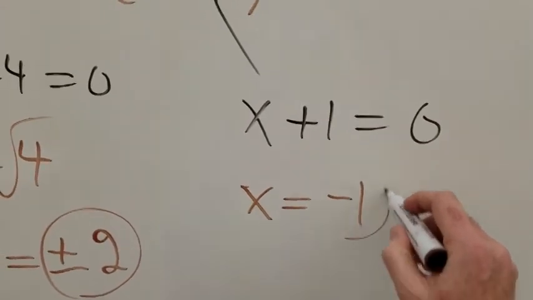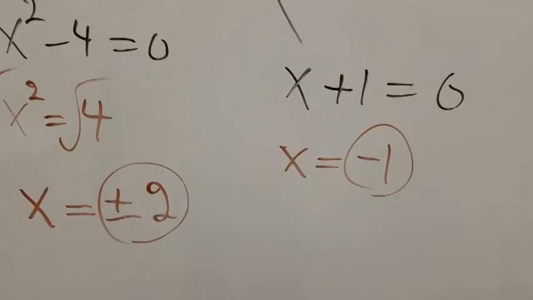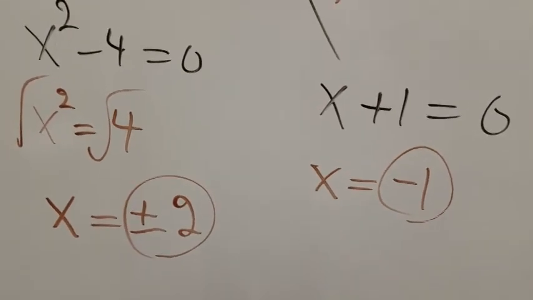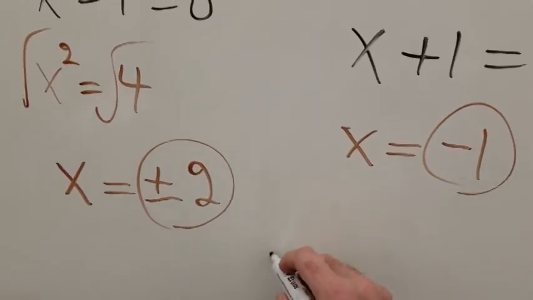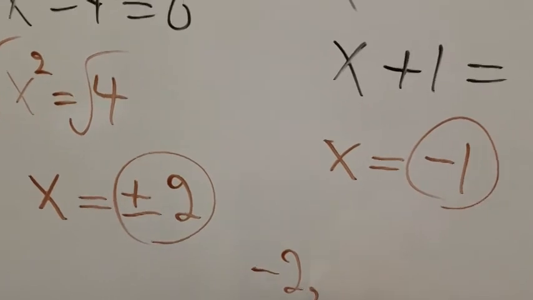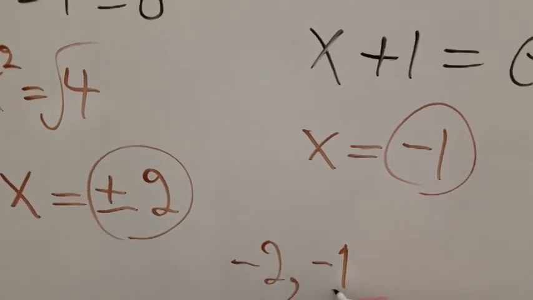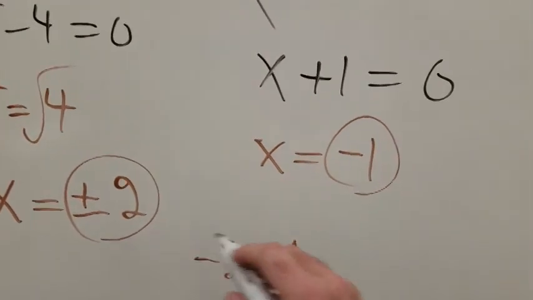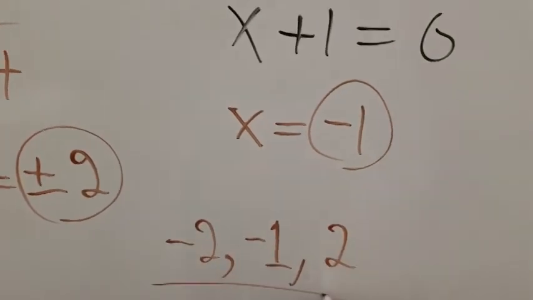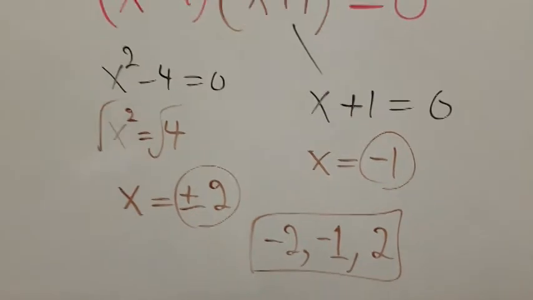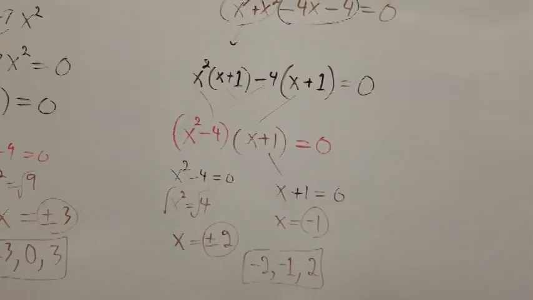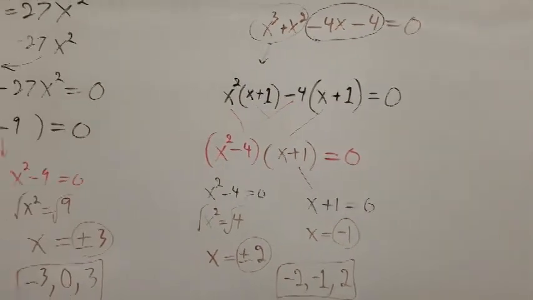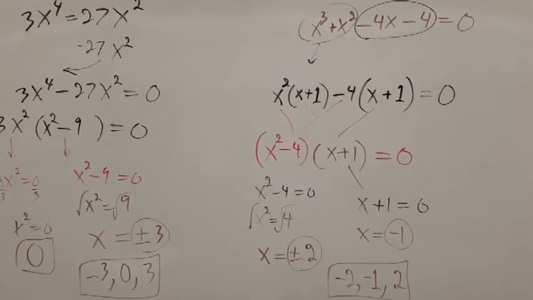And notice we're through here. So we've got three answers here, right? We've got a negative 2, comma, negative 1, comma, and a positive 2. So for that problem, we've got three answers.